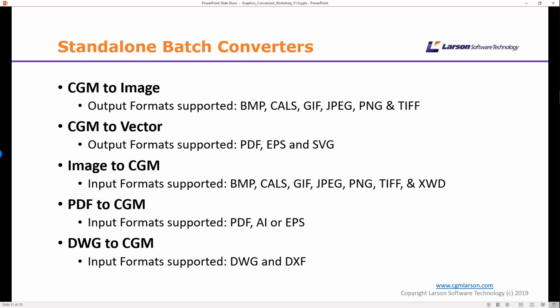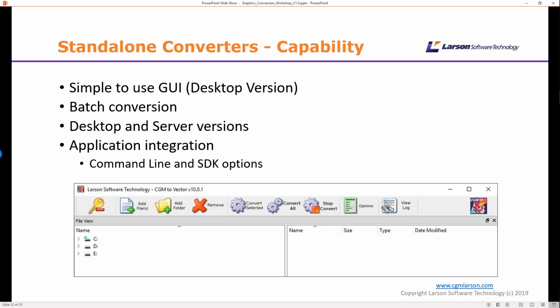So with those, obviously quality is not as big a thing with the ones we showed, but it would be if you're going from image to CGM, perhaps DWG to CGM as well. So you see in the interface, it's really straightforward, and that's the desktop version. But if you've got repeating conversions you need to do, we also have a command line version and SDK as well, which are really popular if you want to integrate this into a process.